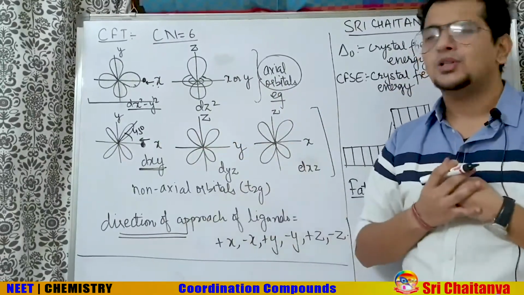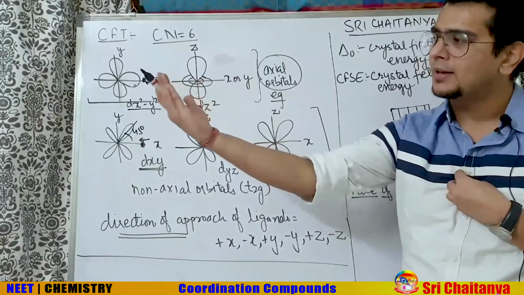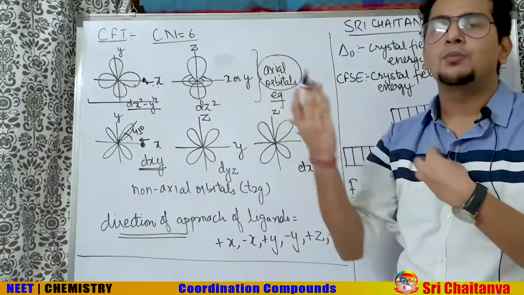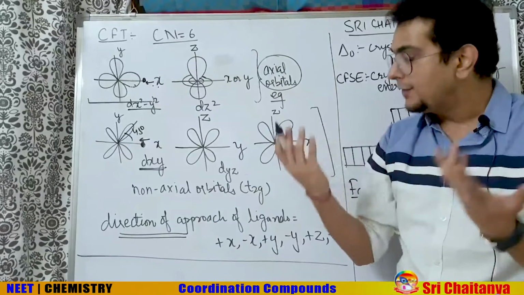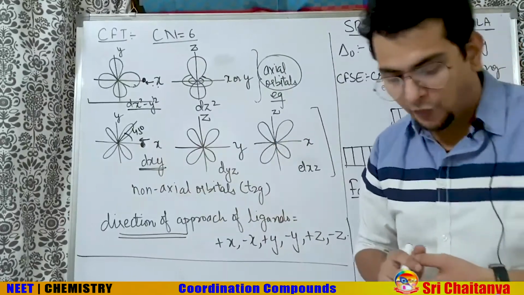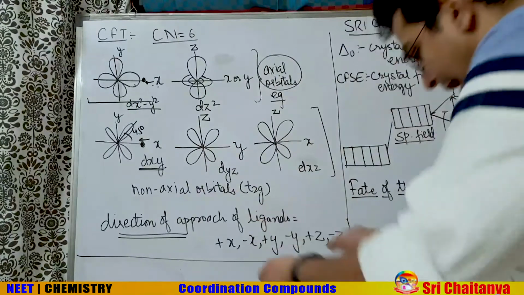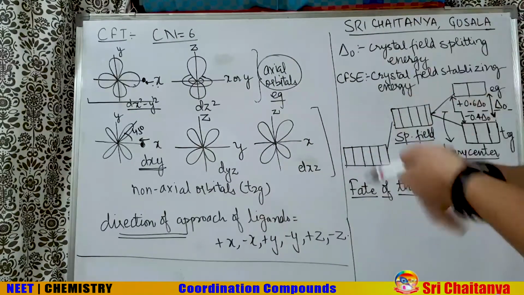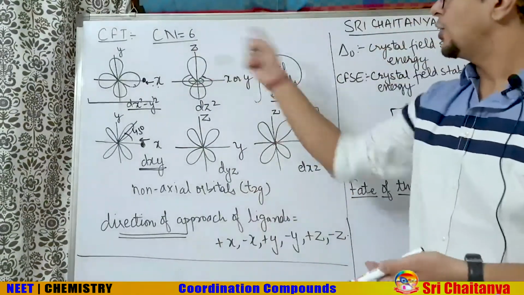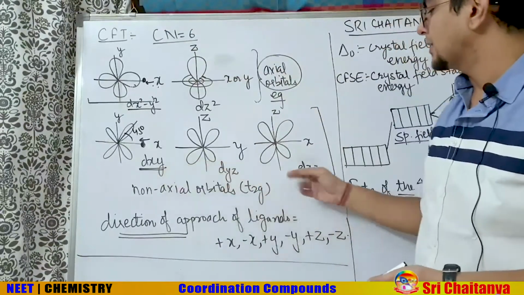Brother, if I am dx square minus y square and ligand is coming right in front of me, so I will be more affected. And if I am dxy, I am at 45 degree to the axis, so the ligand is going from here and I am at 45 degree to it, so I will be less affected. So axial orbitals are more affected and non-axial orbitals are less affected.